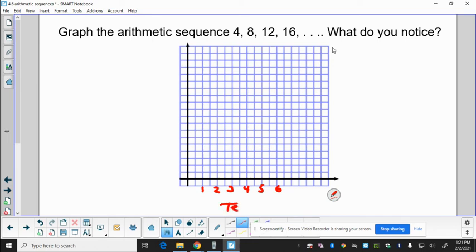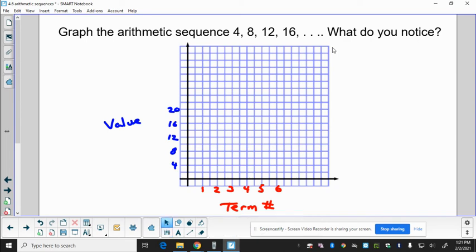So this is the term number. Okay, and then over here on the y-axis, I'll make that my values. I think I'll go by 2s, 2, 4, 6, 8, 10, 12, 14, 16, 18, 20, etc. So these are the values.